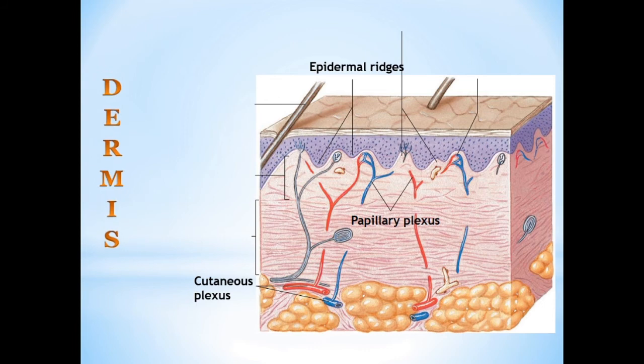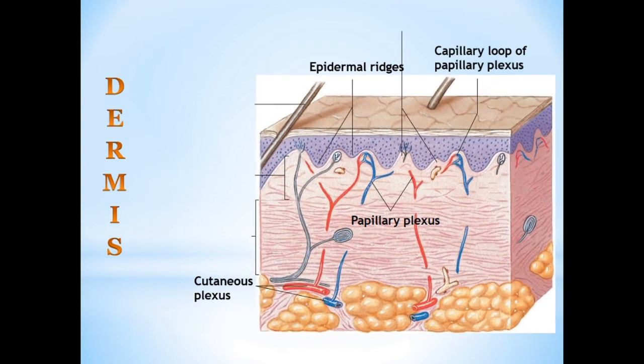This is the diagrammatic representation of dermis. In this picture you can see this is the capillary loop of the papillary plexus. This is the dermal papillae. This is the epidermal ridges. These are epidermal ridges which can fit in the epidermis.